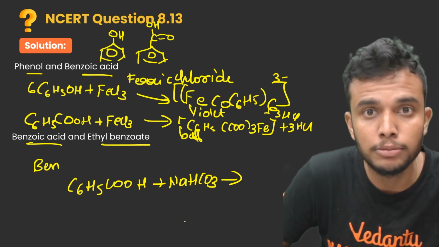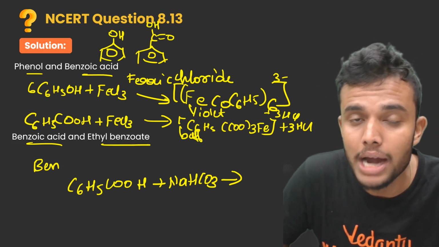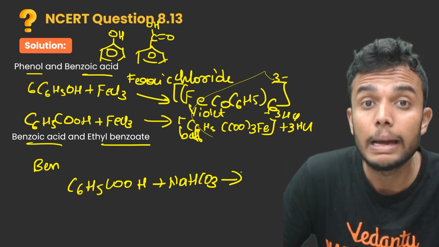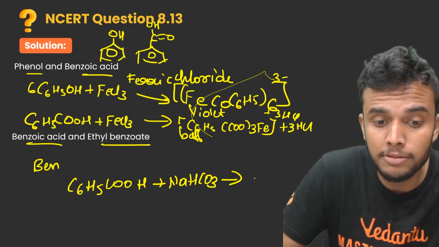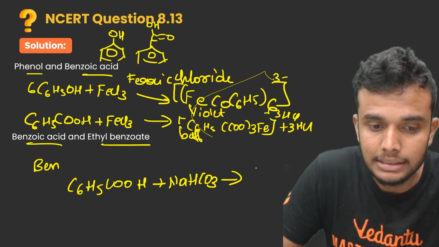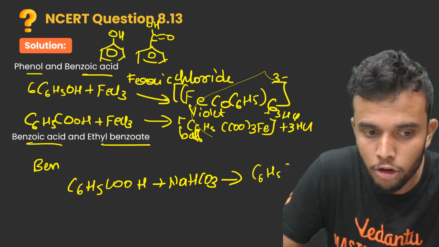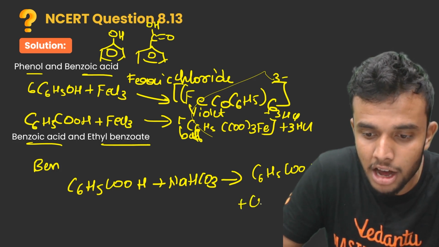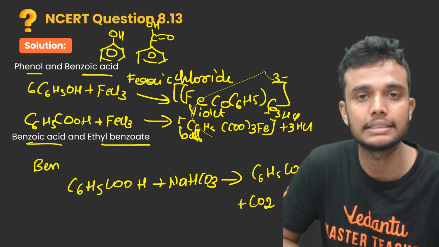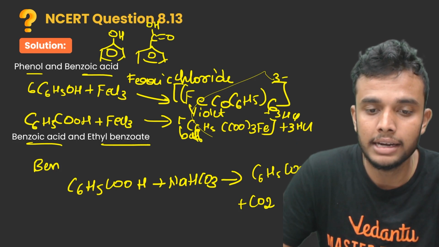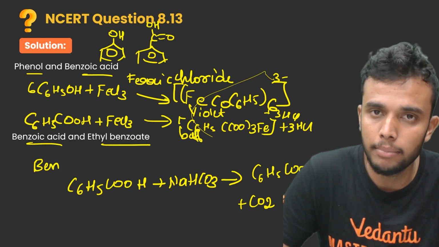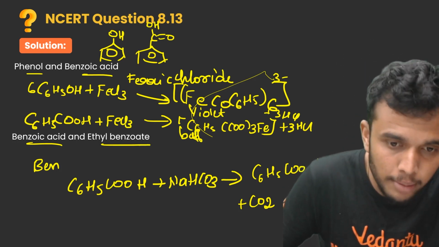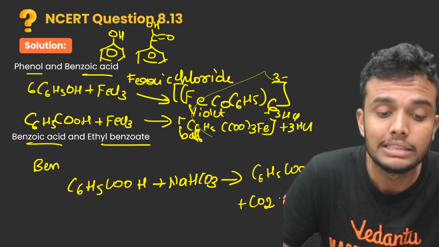We can easily confirm CO2 gas by the lime water test. What happens if we pass CO2 gas through lime water? The lime water turns milky. The reaction gives C6H5COONa, sodium benzoate, with the liberation of CO2 gas.